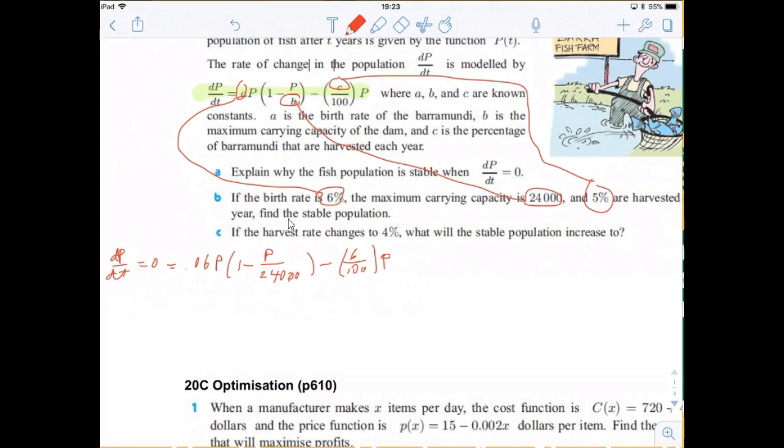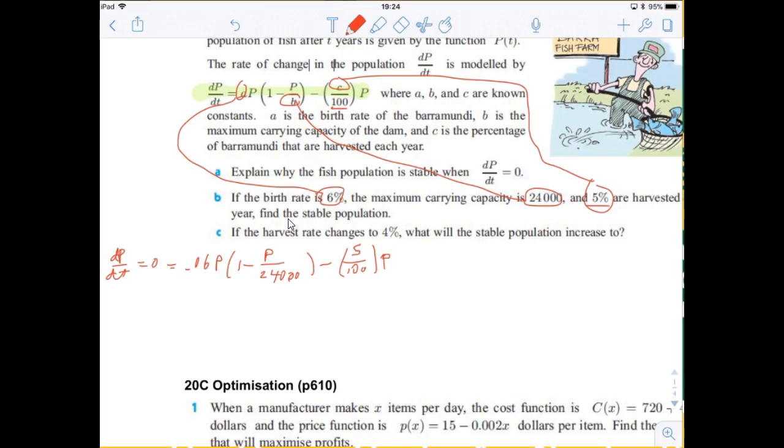The 6%, they multiplied times 0.01 and made into a decimal. And then the 5%, the harvest rate, they just put in as a number. I guess because they have the 100 in the denominator here, they figured they didn't need it. So that's pretty bizarre. Usually they don't do something that inconsistent, right?